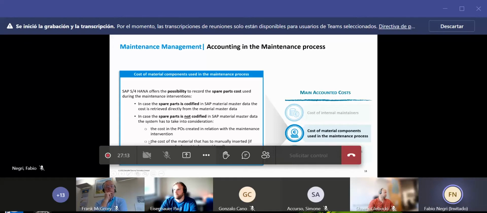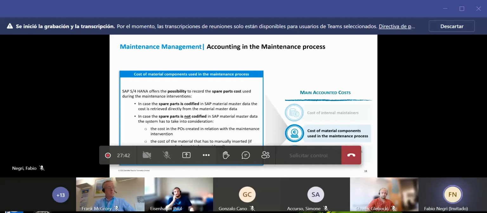Otherwise, if we are talking about a spare part which is not codified, but is already present in the warehouse, so there is not a one-to-one relation with a purchase order because it is something that is already present, it is possible to manually insert the price into the maintenance order, if the price is relevant.